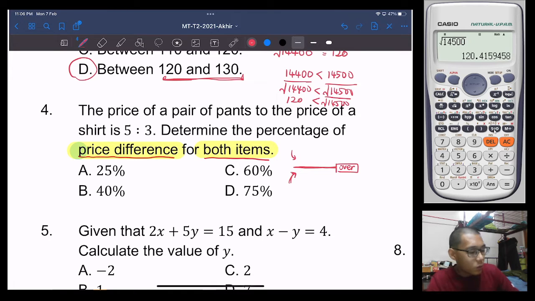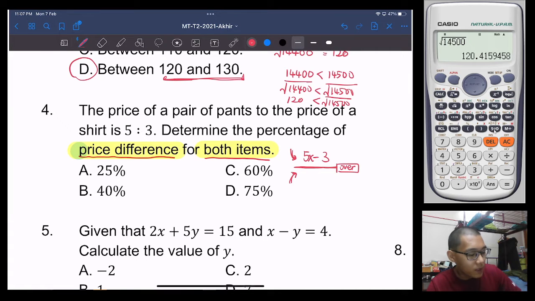So we try to find the percentage of price difference for both items. For the price difference, we can put it in the numerator. We have 5 minus 3 parts. Normally I will put the x here lah, so 5x means the price of a pair of pants is 5 parts, and then we have another 3 parts there.